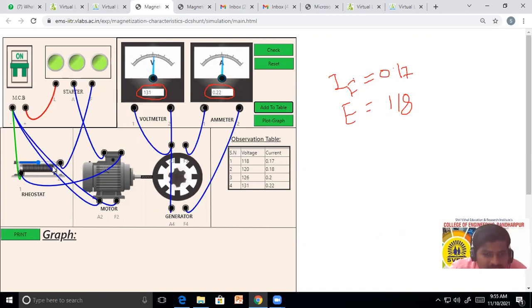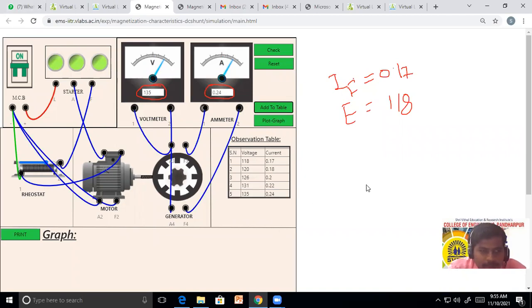Now similarly take 4-5 readings. So I will take one more reading by varying the resistance. This voltage becomes 135, and the current becomes 0.24. So just add this value to the table.